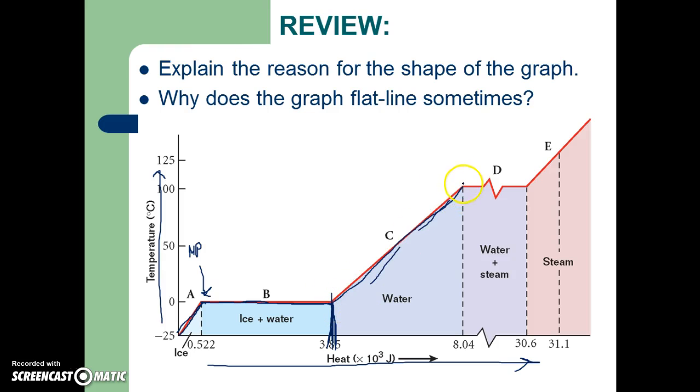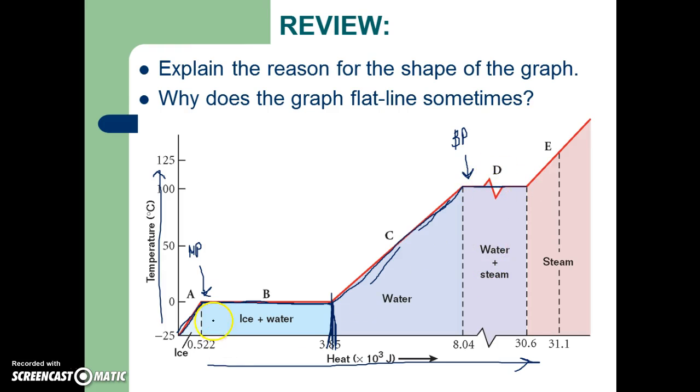Now we're here at 100 degrees Celsius, which is the boiling point. The boiling point is not when it boils, but the temperature at which it starts to boil. When it flatlines here, it's because it's in flux between water and steam.